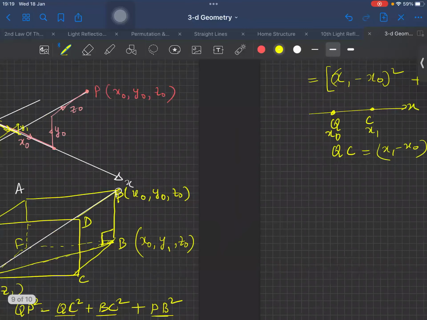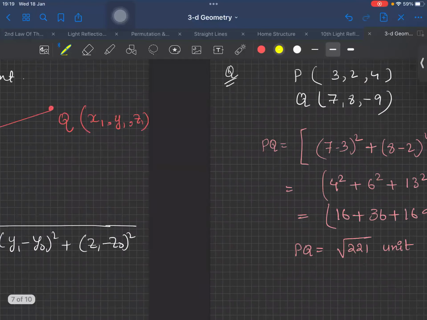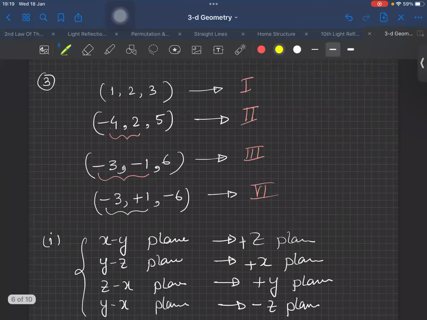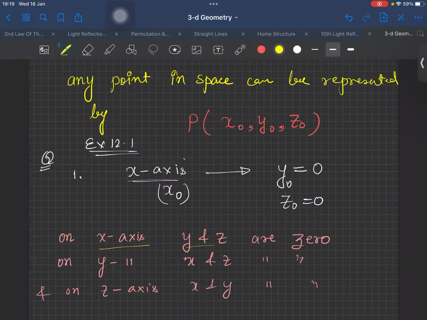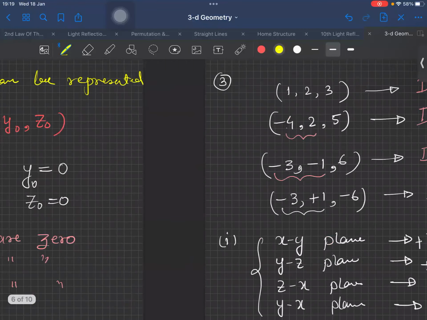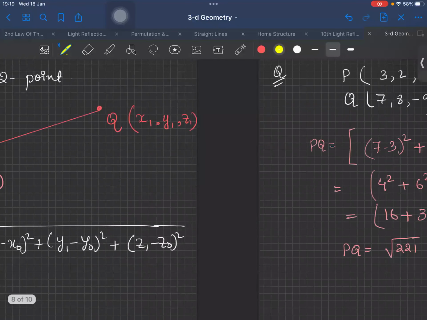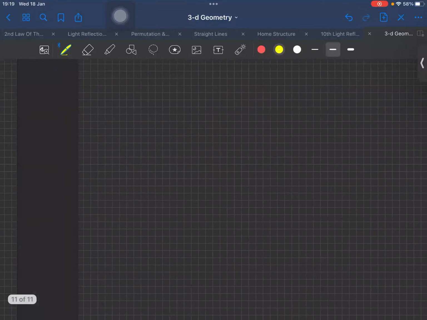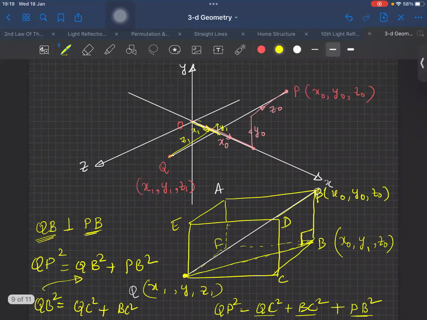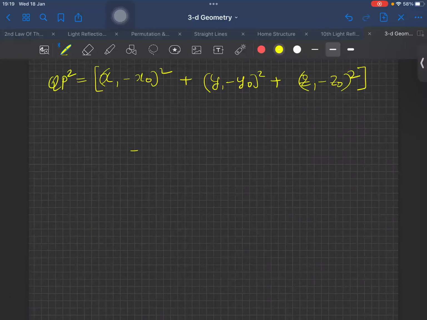That's what I have written here, right? On the X-axis, the values of Y and Z are 0. On the Y-axis, X and Z are 0. On the Z-axis, X and Y are 0. The same thing we are using here, and we can write directly like this. Okay, so no need to write like that. That means what we are getting is QP square.